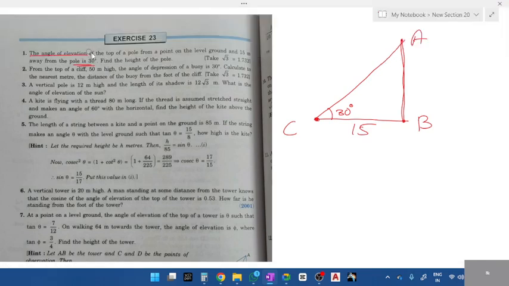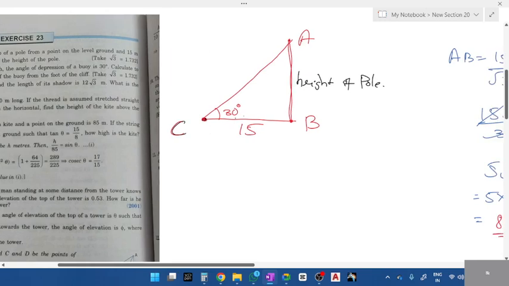Fine. Now can you just tell me how do we solve this question? From which point do you have to consider? On which vertex is the angle given? Vertex C. Right. From vertex C, which one do we have to find? The hypotenuse distance or AB, the pole? You can write here, height of the pole. AB is the height of the pole. From 30 degrees, what is the height of the pole from vertex C?